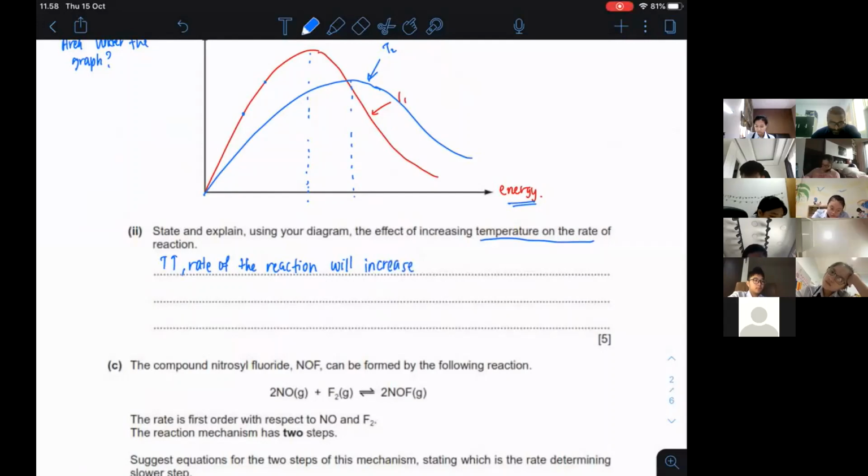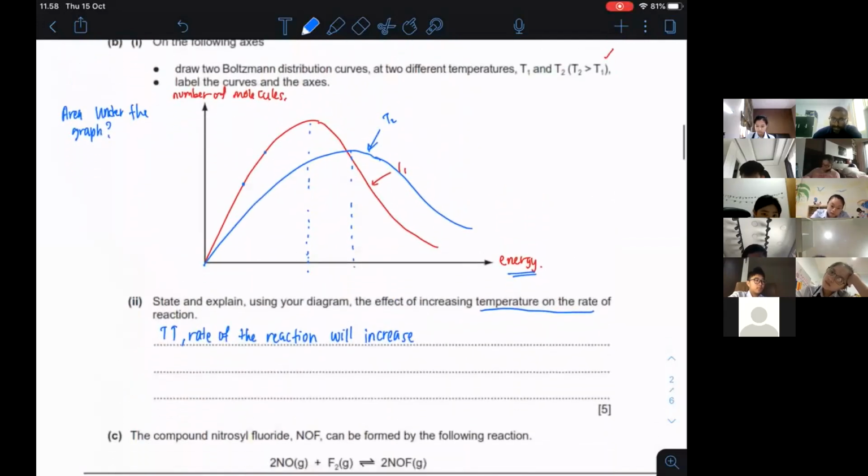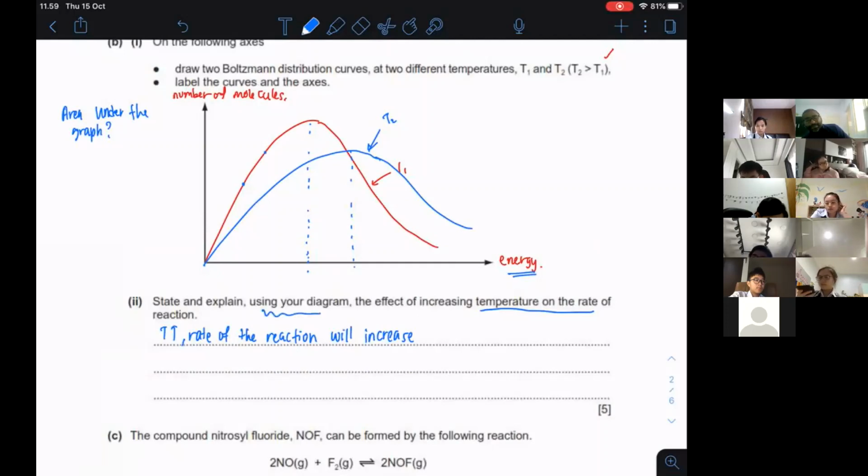Is that enough? Victoria, Lavi, temperature increase, rate of reaction will increase. The collision, yes. But again, I think they want you to use your diagram. How do you use your diagram? Justin, you want to try?